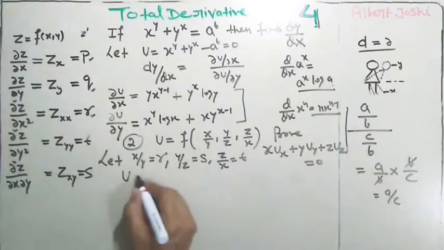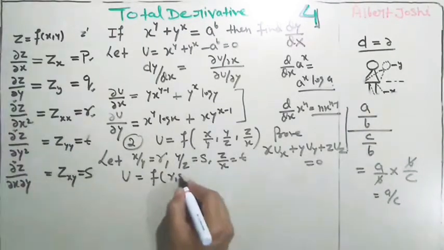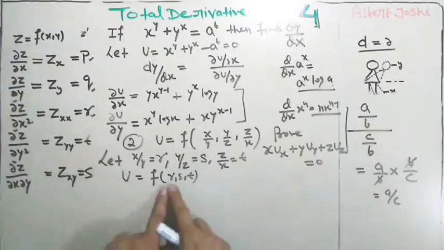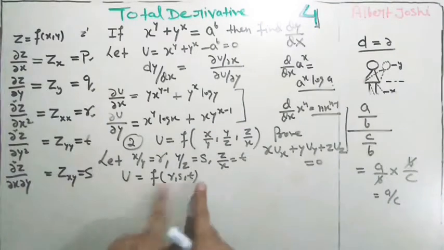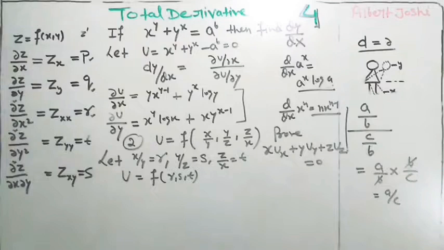It means that your u has become f of r, s, t. This is a function where you have three variables r, s, t. This overall function you are representing by u.